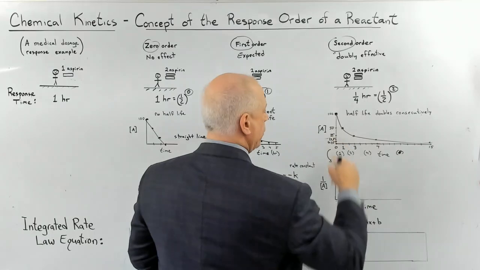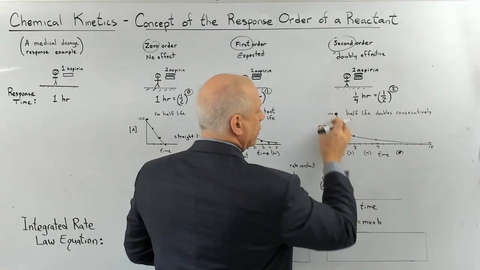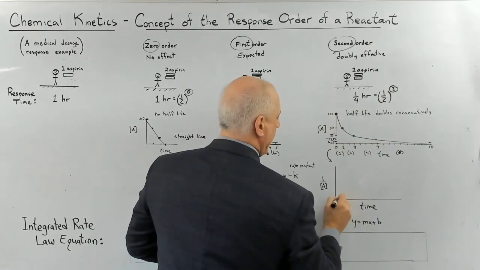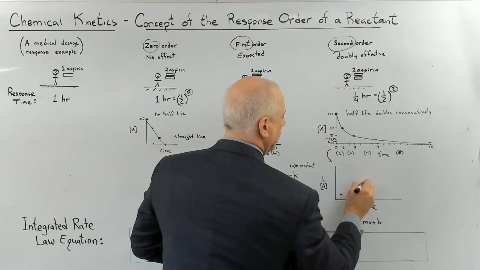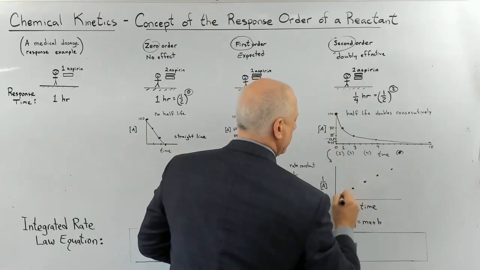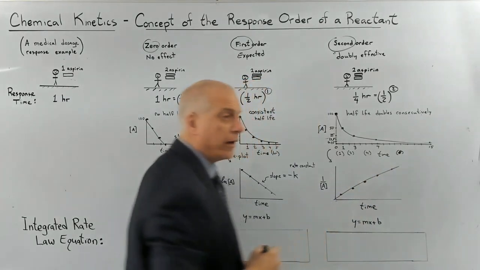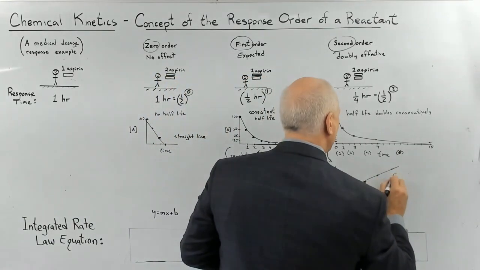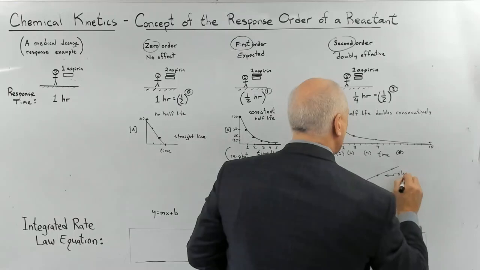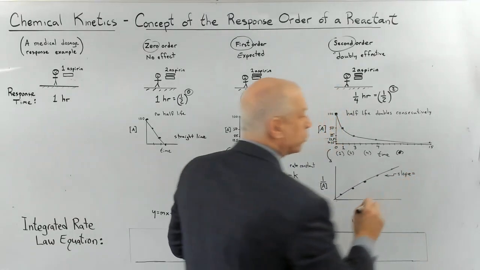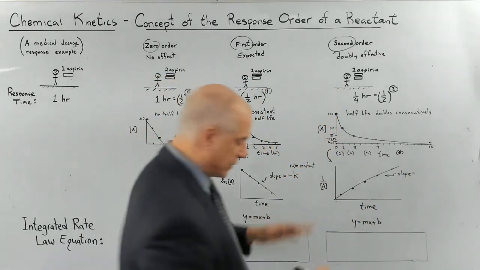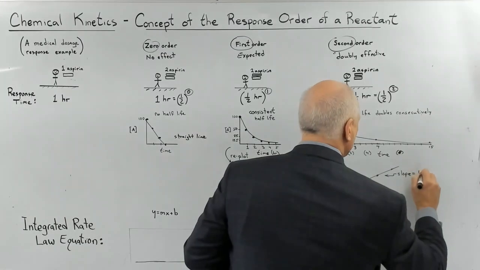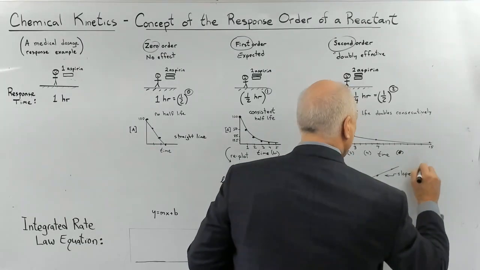And when we plot those data points, that converts this curve into a line with a positive slope. And so the slope over here, again, is going to be equal to the rate constant, but it's a positive slope. So this is just going to be equal to k, our rate constant.